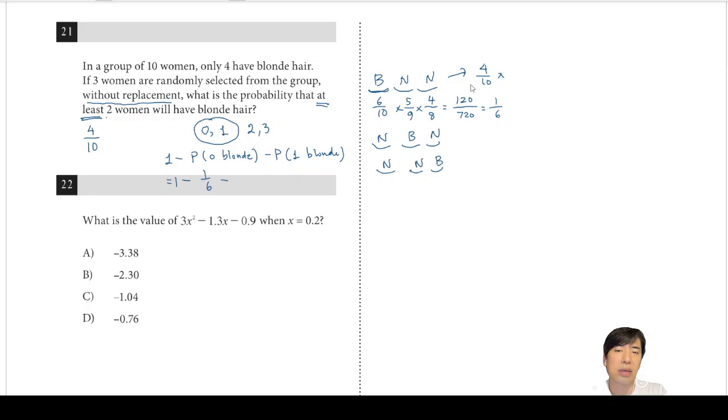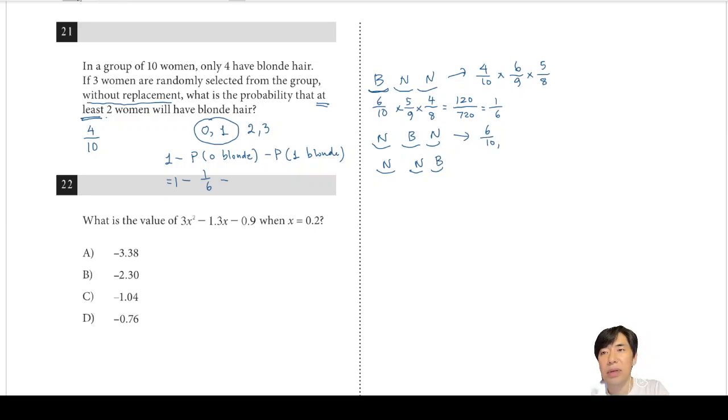And next, 9 out of how many? There are 6 women who are not blonde still. And if non-blonde is chosen in the second choice, then there will be 5 non-blonde left over. So you will get this. And for the second one, you'll basically get the same probability. The first one is 6 over 10.